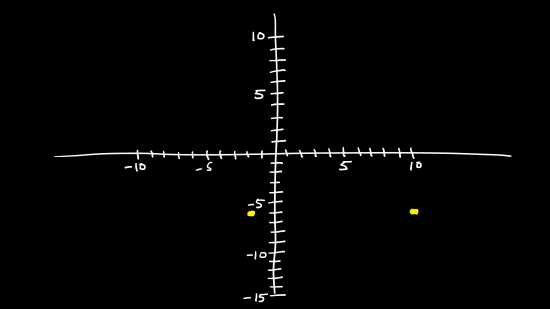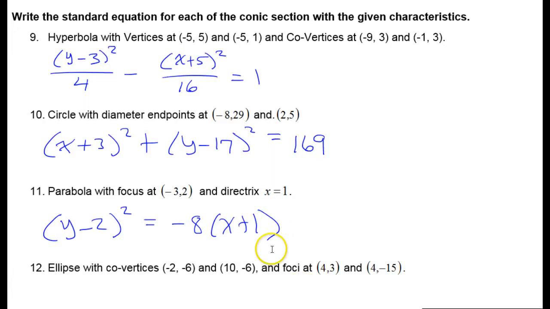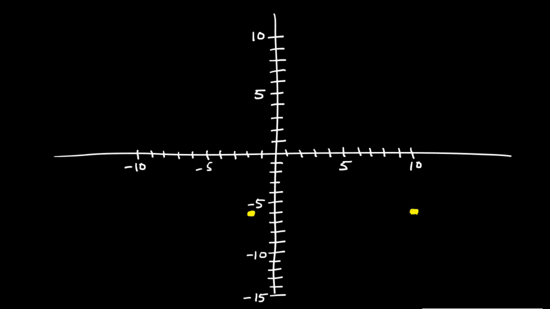Okay, those are my covertices. And then we have foci at 4 comma 3. Better just graph that. So these are foci at 4 comma 3. Okay, I feel like I should label these. So this is 4 comma 3.